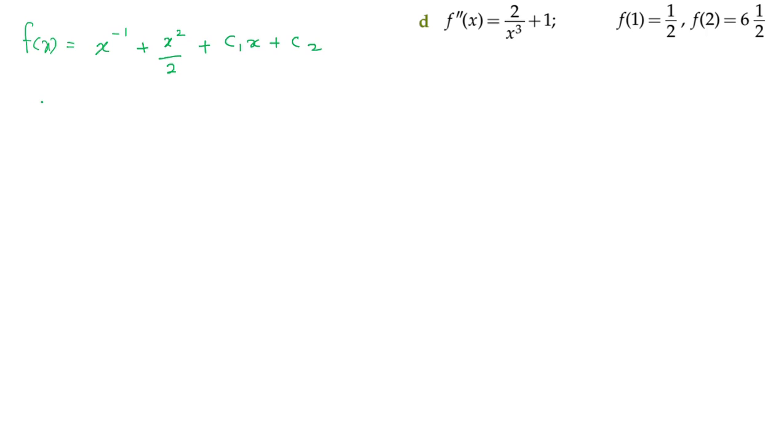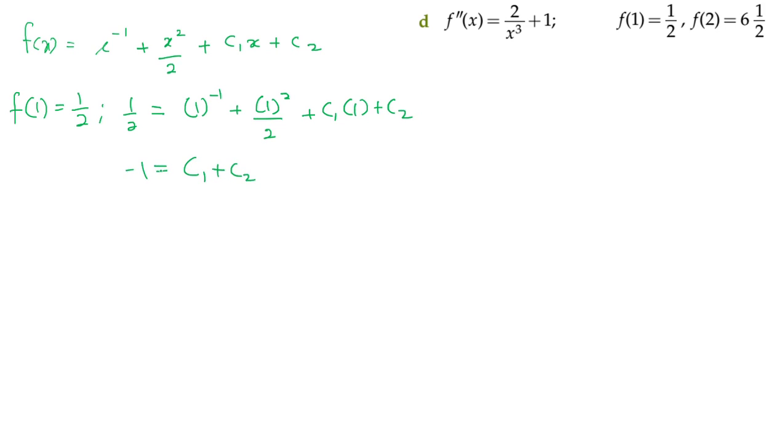So substitute the value. F1 equal to half. So therefore, half equal to, substitute 1, plus C1 times 1 plus C2. Okay, so simplify kan, you akan dapat C1 plus C2 equal to negative 1.